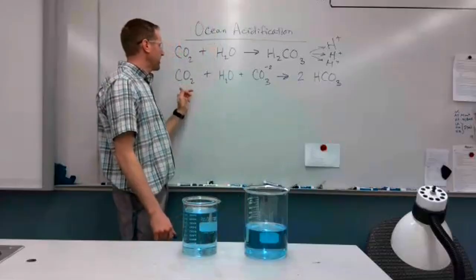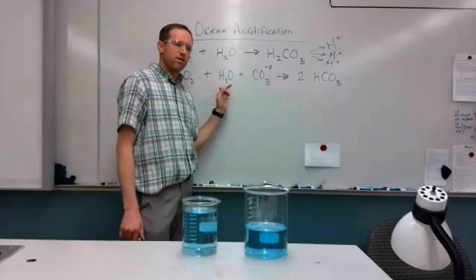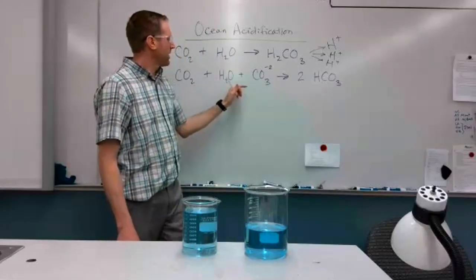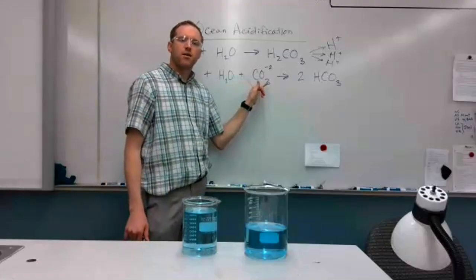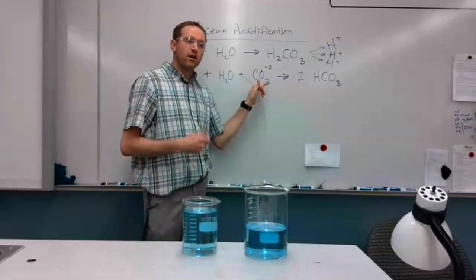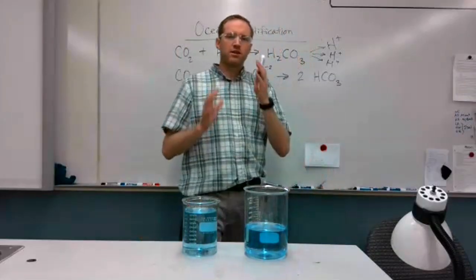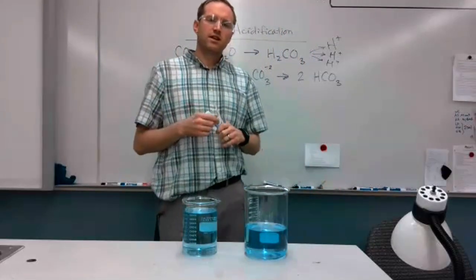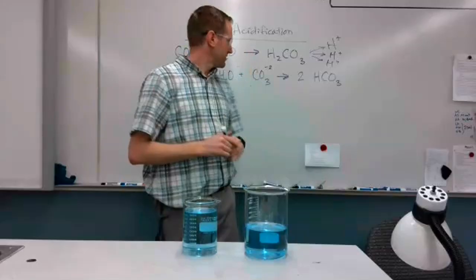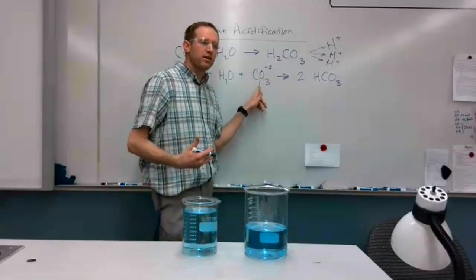You can get carbon dioxide combining with water, and then combining with this polyatomic ion called carbonate. If you remember your naming and formulas, you had that list of polyatomic ions. This one was on there. It's called carbonate.